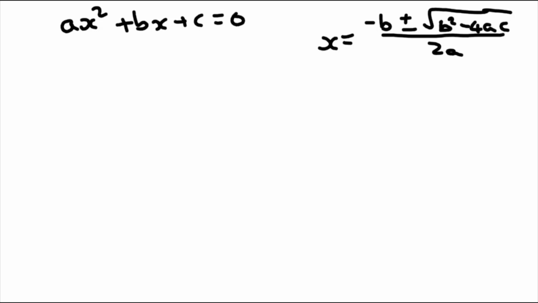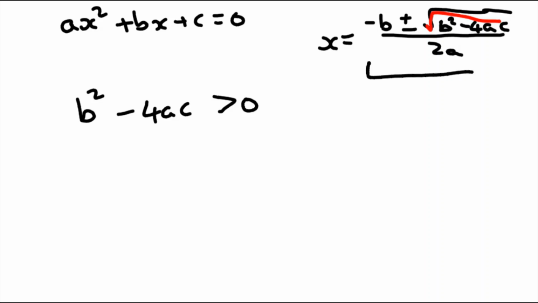But if we look at this thing in the square root up here, if we look at it in particular, there's some cases. If this is greater than 0, what we notice is this whole expression is going to have two solutions.